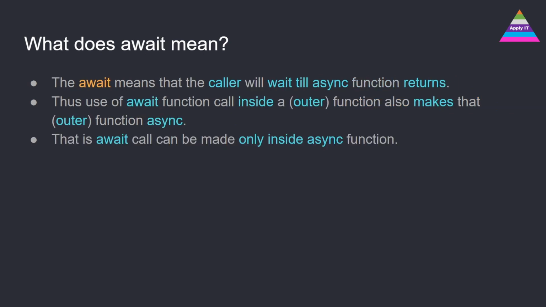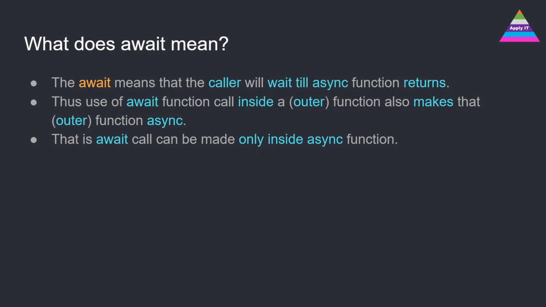Now let's understand what the await keyword means. Await means that the caller will wait till the async function returns some value. Generally, when we call a function with await inside some other function, we call it the outer function. If you do this, then that outer function has to be an async function. This is obvious because when we use the await keyword, it indicates that we are going to perform some operation whose execution time is not known, or after how much time we will get the result is not known.